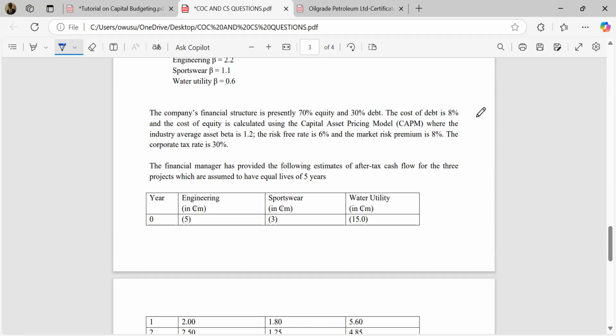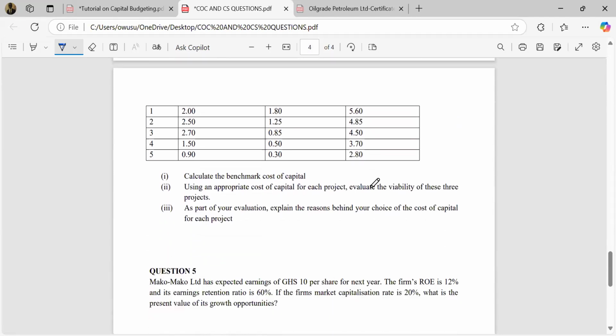The cost of debt is 8% and the cost of equity is calculated using the capital asset pricing model where the industry average asset beta is 1.2. The risk-free rate is 6% and the market risk premium is 8%. The corporate tax rate is 30%. The financial manager has provided the following estimate of after-tax cash flow for the 3 projects, which are assumed to have equal lives of 5 years.